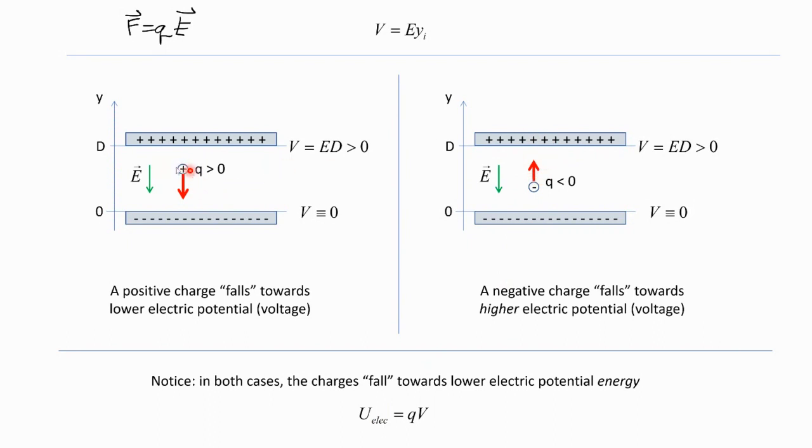This guy has positive electric potential energy, but as it falls, it's going to get smaller. A little tricky to keep track of all these things, but here's your little cheat sheet. Positive charges fall towards lower voltages and lower electric potential energy. Negative charges fall towards higher voltages, but lower potential energies.